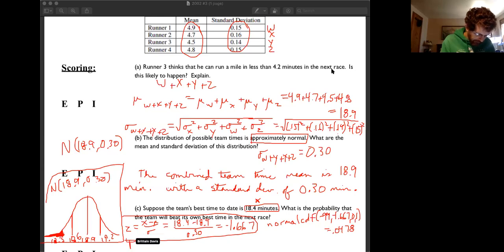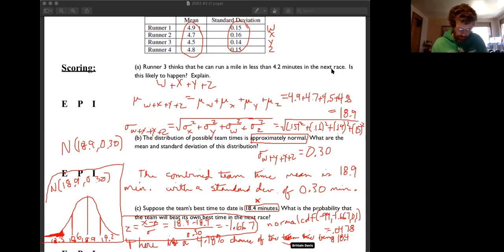There really is a 4.78% chance of the team time being 18.4 minutes or lower.